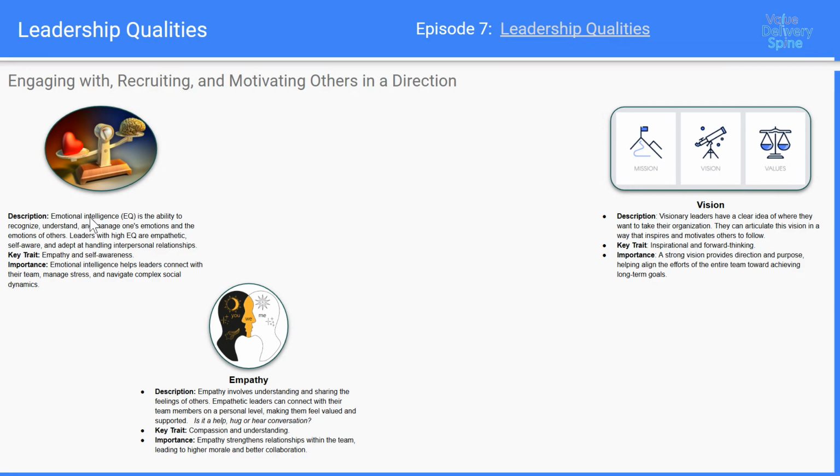And the idea behind emotional intelligence is that you have a real sense of being able to read the room, where people are, where they're at, what they're trying to accomplish, what's holding them back, and that you can really understand their world and where they're coming from. And by the way, this first slide of leadership qualities is all about recruiting people into your cause and motivating them.